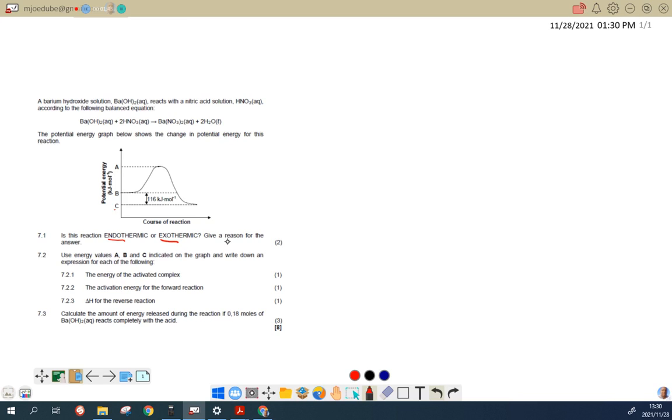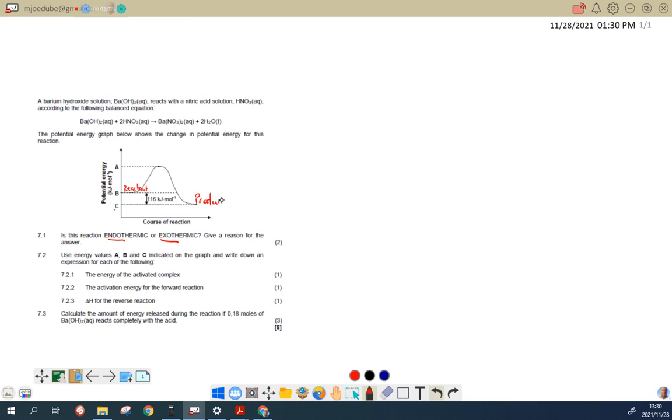So 7.1, is this reaction endothermic or exothermic? And you are to give a reason for the answer. When you look at the shape of the energy profile diagram, you can see that it begins where the reaction begins. You've got your reactants, and the energy content of the reactants is higher than the energy content of the products.